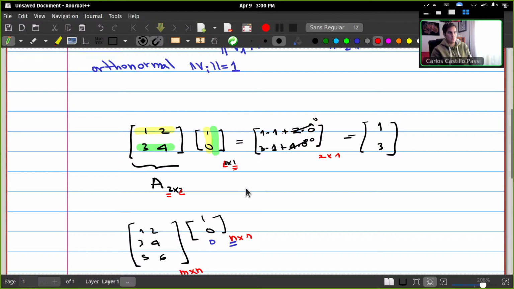An equivalent way of thinking of this is to think of this matrix vector product as the first element of the vector, here is 1, times the first column, 1, 3, plus 0 times the second element of this vector, the second column. And this will be exactly the same as doing this. So it will give us the same result.